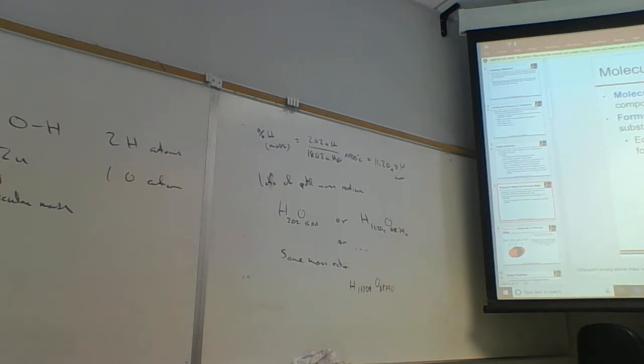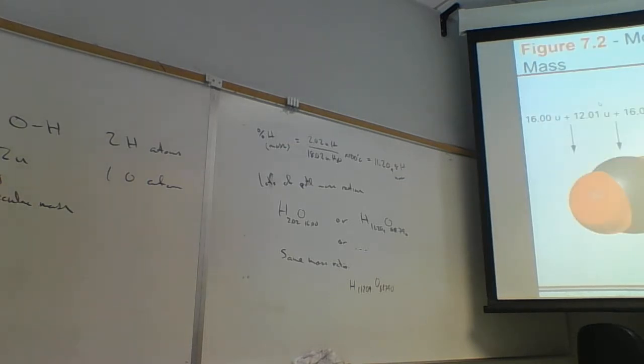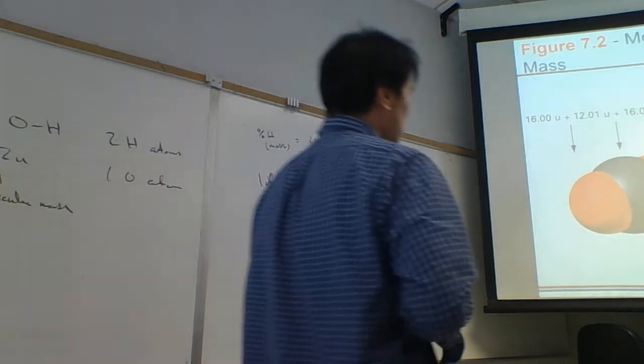Now, let's do the same thing for ammonium nitrate. Let's calculate the percent by mass nitrogen in ammonium nitrate. But before we do that, let's take a look at this.